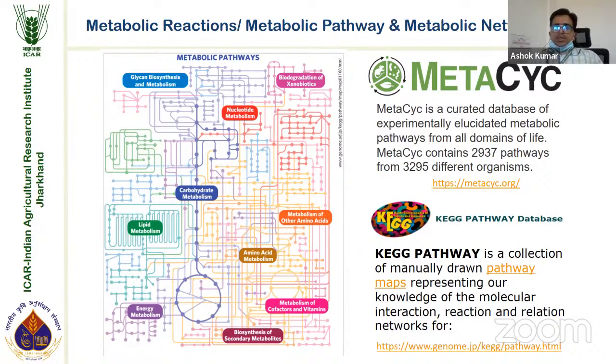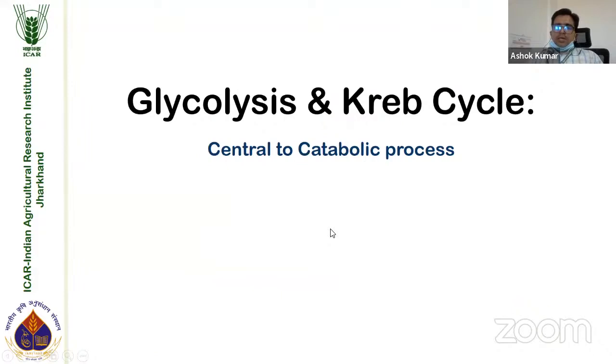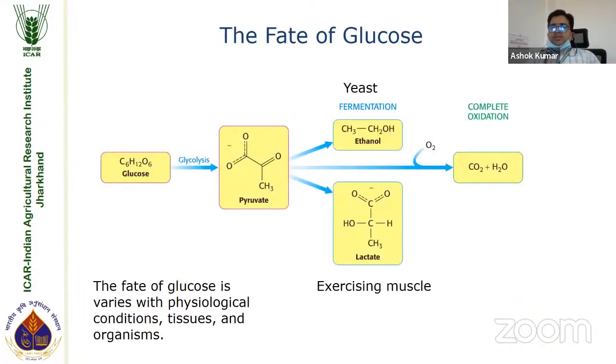Coming to our topic of significance, that is glycolysis. Why glycolysis? Glycolysis is nothing but the oxidation of glucose into pyruvate. Pyruvate is the intermediate metabolite which can be fed to the downstream pathways in the catabolic process.